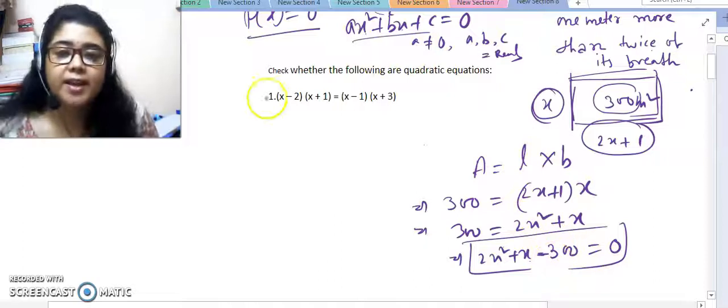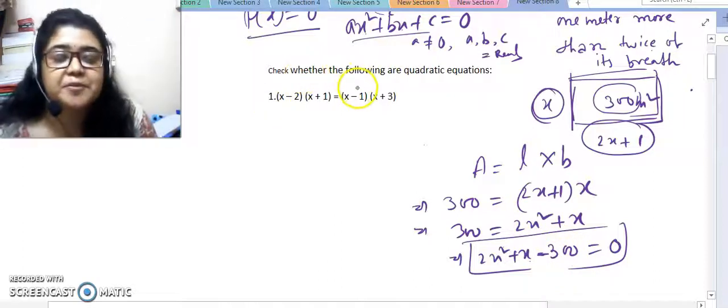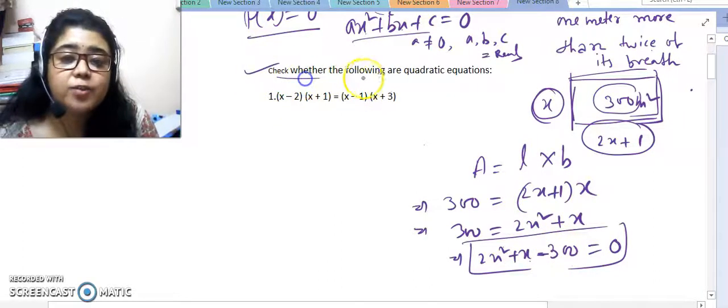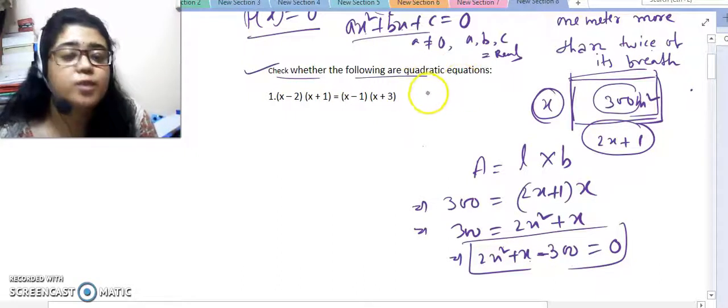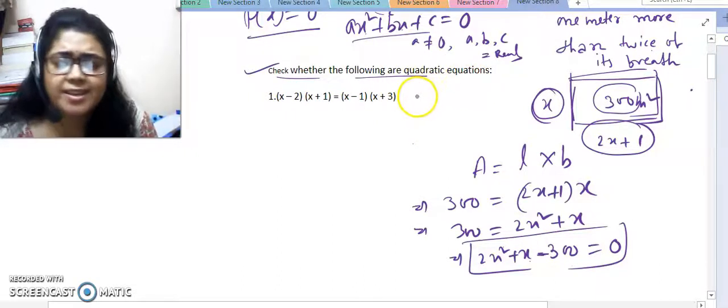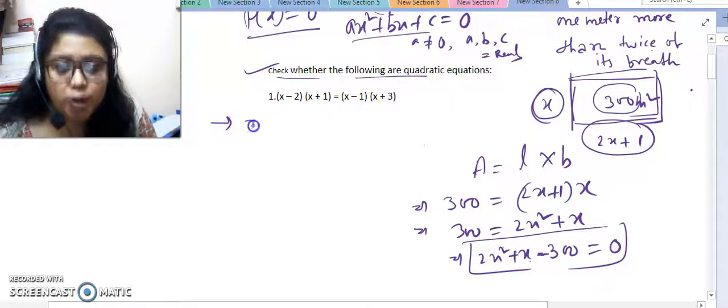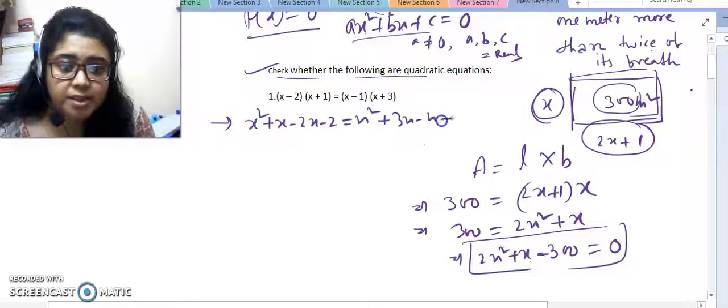Okay. Now, the next step is to check whether the following equations are quadratic or not. Friends, we are taking just one equation and checking whether it is quadratic or not. You just expand it: x² plus x minus 2x minus 2 is equal to x² plus 3x minus x plus 3. Next step, you just see friends, x² cancels.